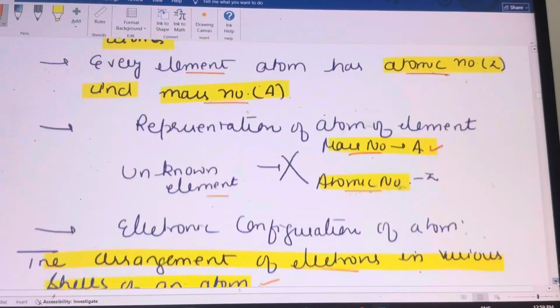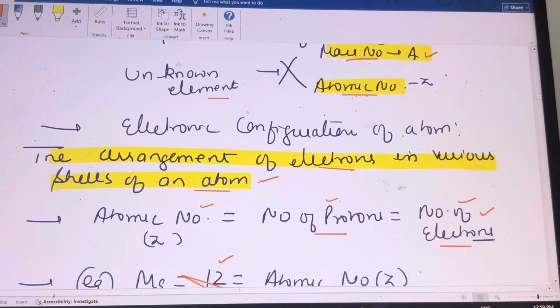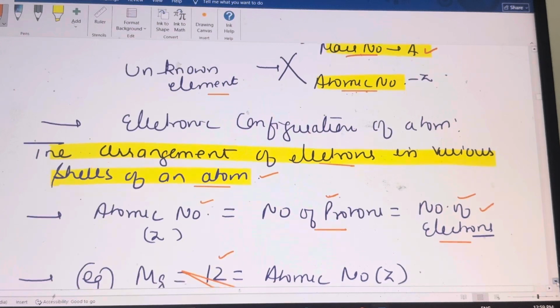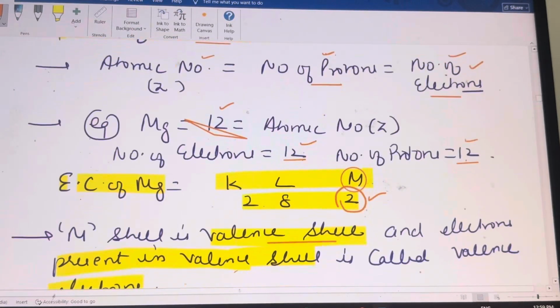And you know students, the electronic configuration of an atom is the arrangement of electrons in various shells of an atom. Atomic number is equal to the number of protons, which in turn is equal to the number of electrons. For example, magnesium has atomic number 12, meaning the number of electrons is 12 and the number of protons is 12, and the electronic configuration of magnesium is 282.